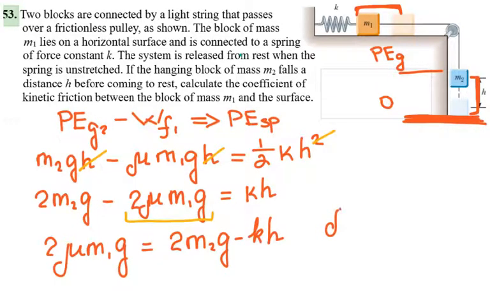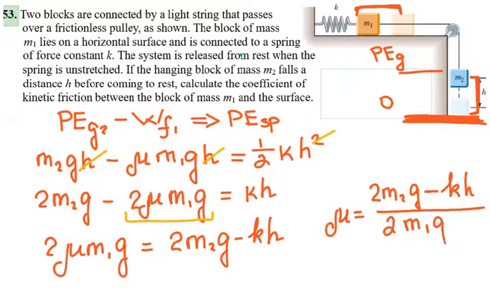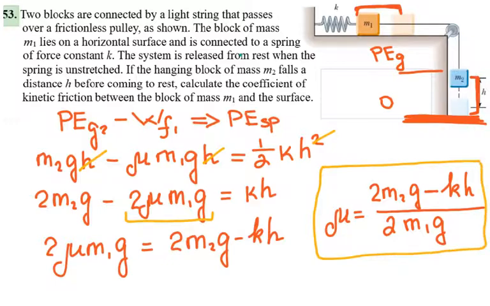So mu is going to be equal to, and we don't have numbers, so we don't have to solve any further, 2m2g minus kh, divided by 2m1g. So this is our final formula for the coefficient of friction for this question.